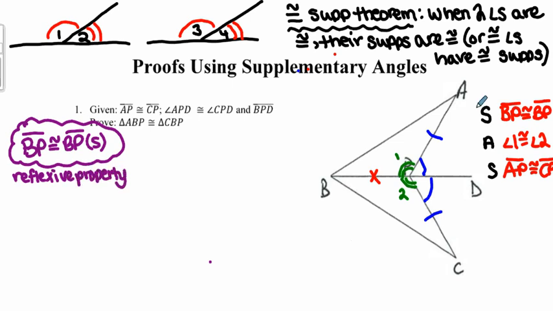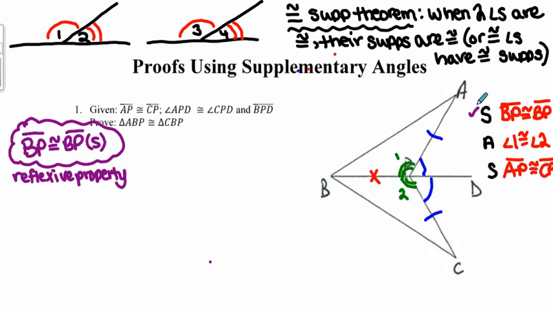All right, next item in my little checklist are those supplementary angles 1 and 2. This is a little tricky to write about. I knew that they were congruent to each other because they were supplements of the given angles.